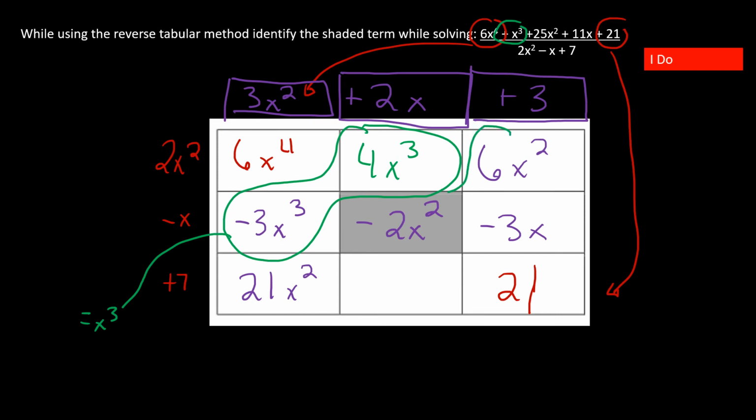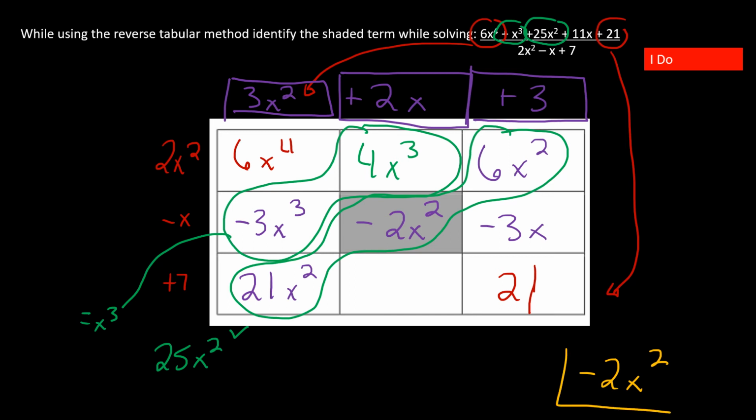If I combine these like terms of these three terms, I should get 25x squared. Well, let's see. 21x squared minus 2x squared, which would be 19x squared. 19x squared plus 6x squared is 25x squared. So this is correct. So then our solution to this would be negative 2x squared. Because again, they weren't asking us for what is the answer here. They want to make sure that we identify this middle term.